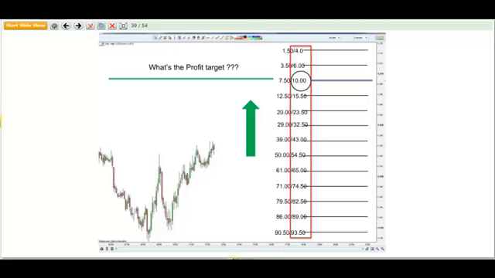Okay, so let's say 1169 is that level. If I want to buy this contract, I think the market's going to rally from this point right here. So I buy it. It costs me 10 bucks. My net profit at expiration is 90. That is a 900% return.